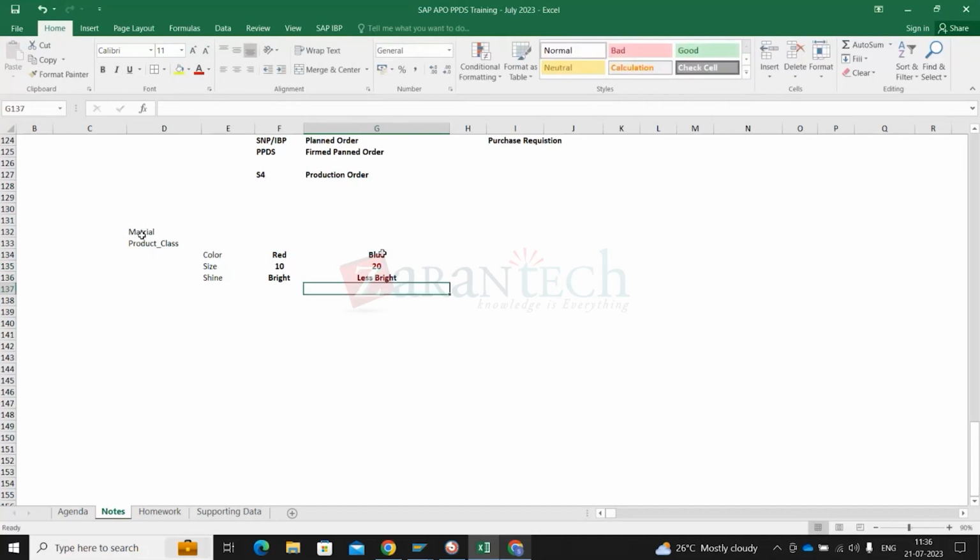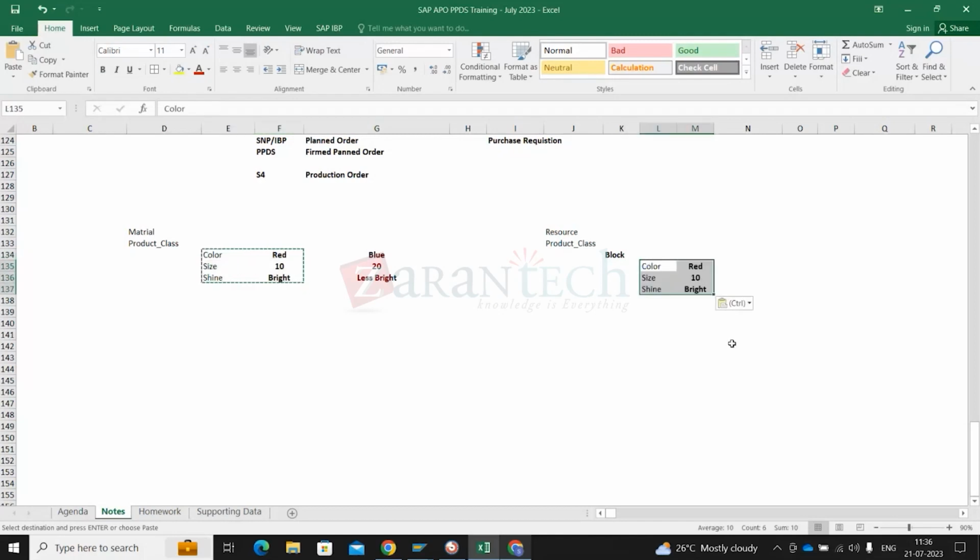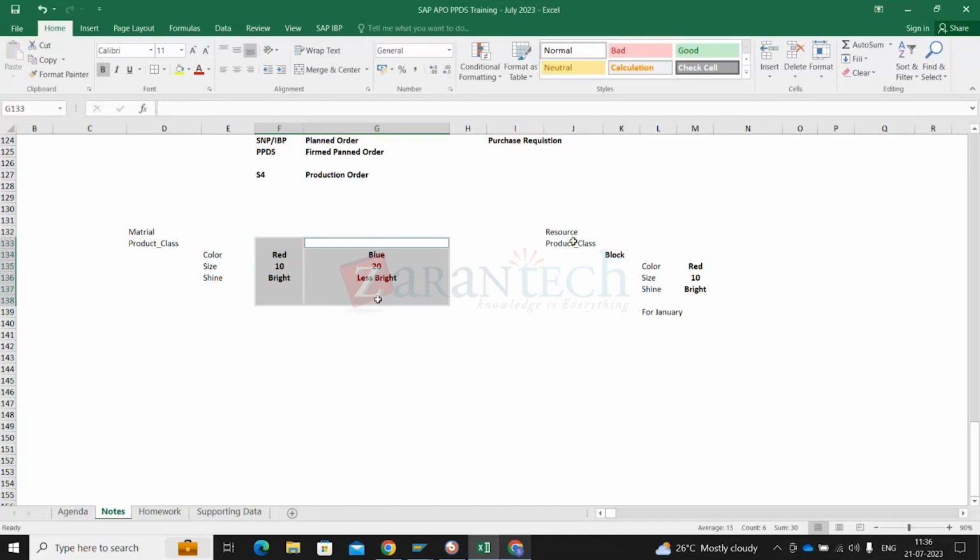Now this same class you assign to the resource, and you create a block on the resource for only these three characteristic values for January. The demand should be coming for these products as well as other products. But while the scheduling happens, the resource would see I have a block for January only for these three. So whenever the demand and the resource block characteristic match, it would just produce that for January.